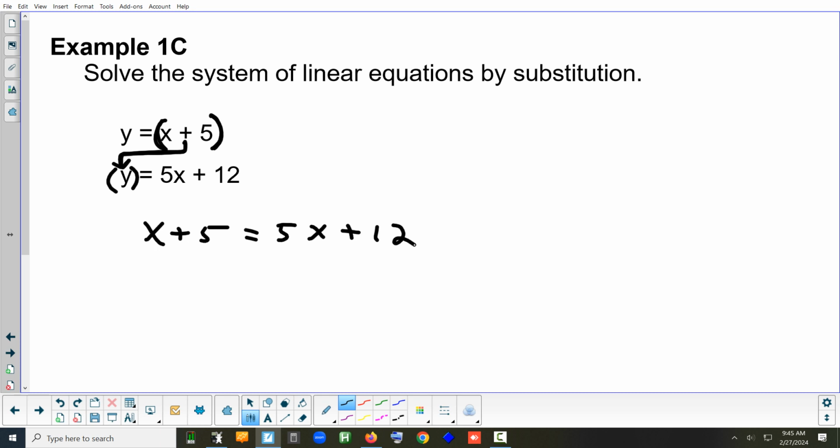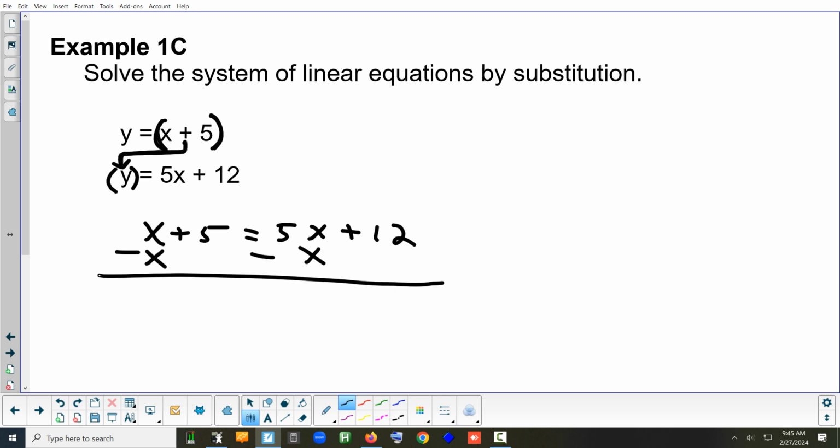Subtract x from both sides. Yep. You can subtract x from both sides. Just make sure that you line all the x's up, because you have to line up like terms.